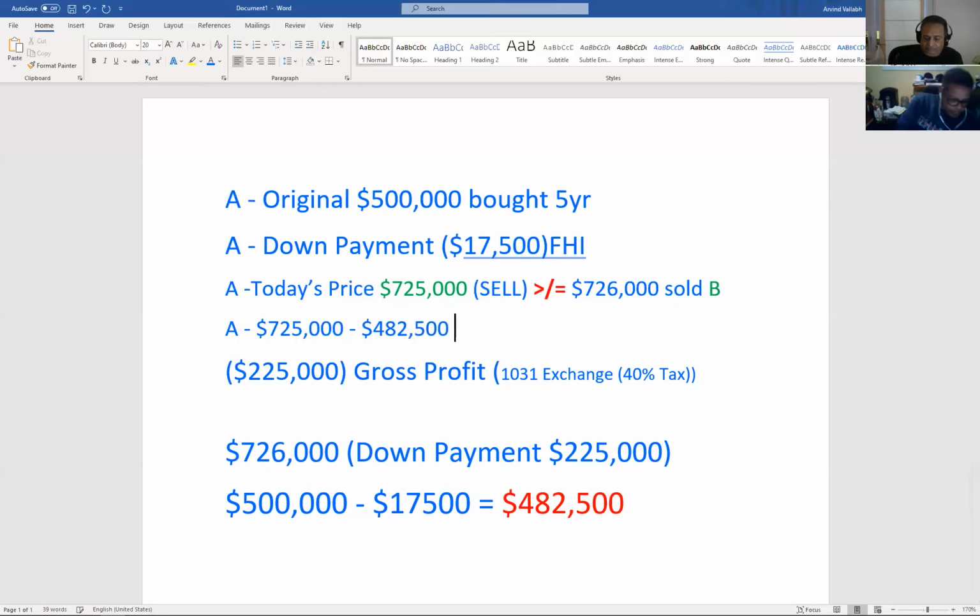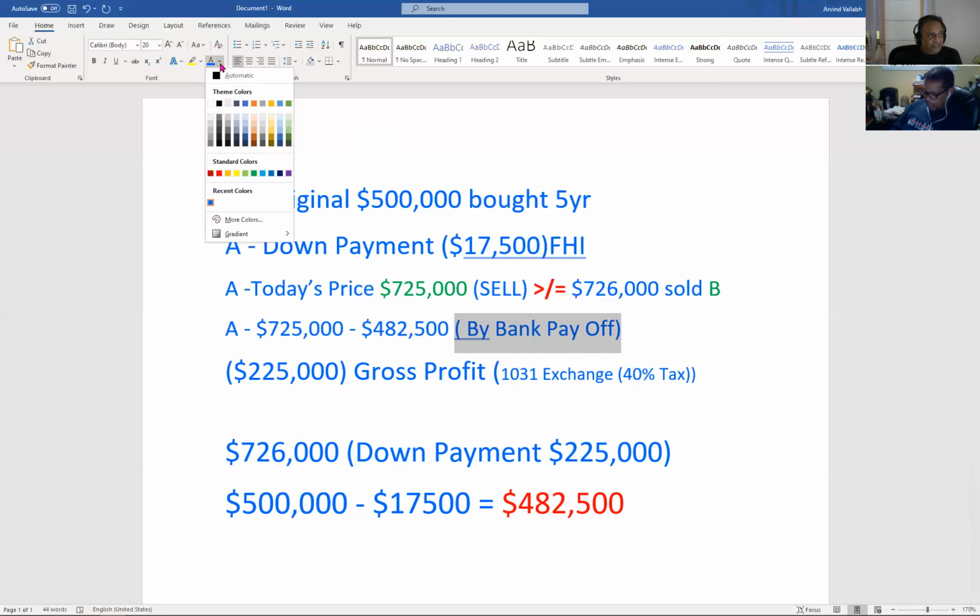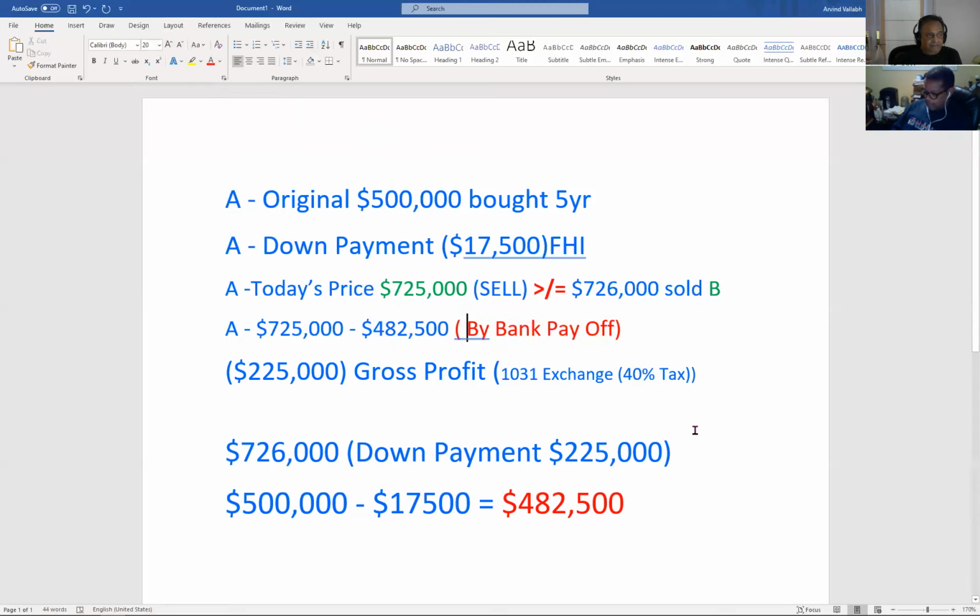Escrow will ask for the demand, and escrow will be told by the bank. It's called payoff. The bank is going to give an answer, and the bank will say he owes 482,500.